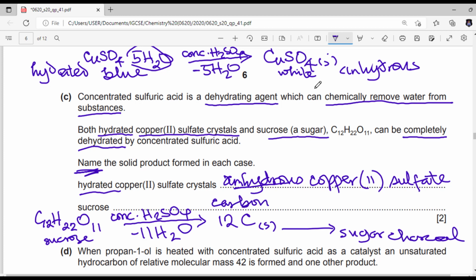So this carbon is also known as sugar charcoal, which is the purest form of charcoal, right? And this whole process of dehydrating sucrose using concentrated H2SO4 is known as charring of sugar.